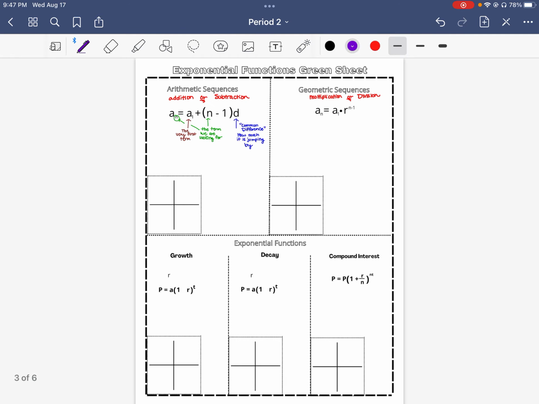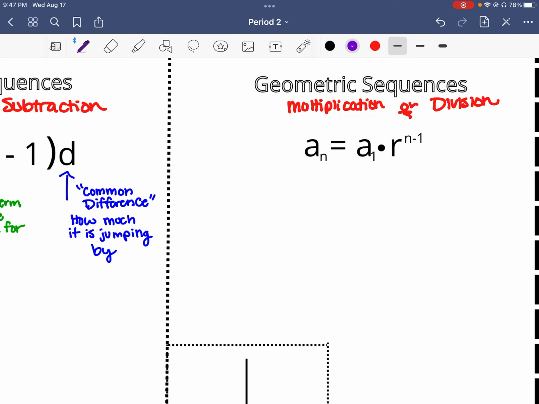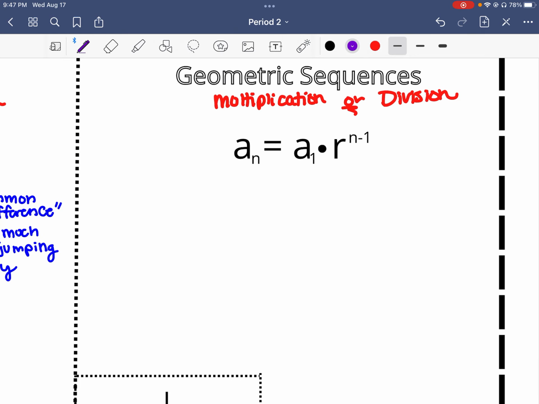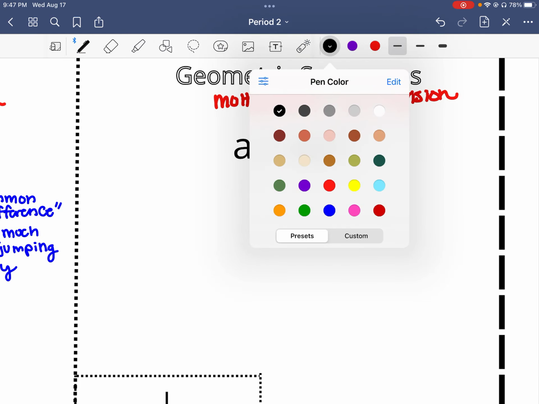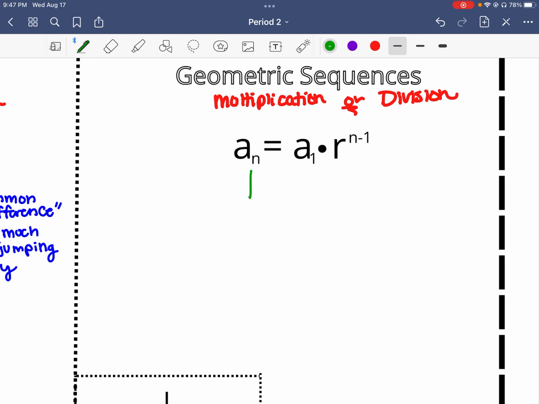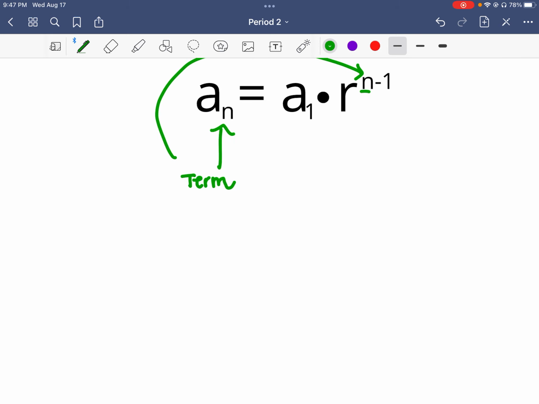You should know by now that we have a formula for everything. This is our formula for geometric sequences. Let's break this down. The n right here and right here is the term we are looking for.